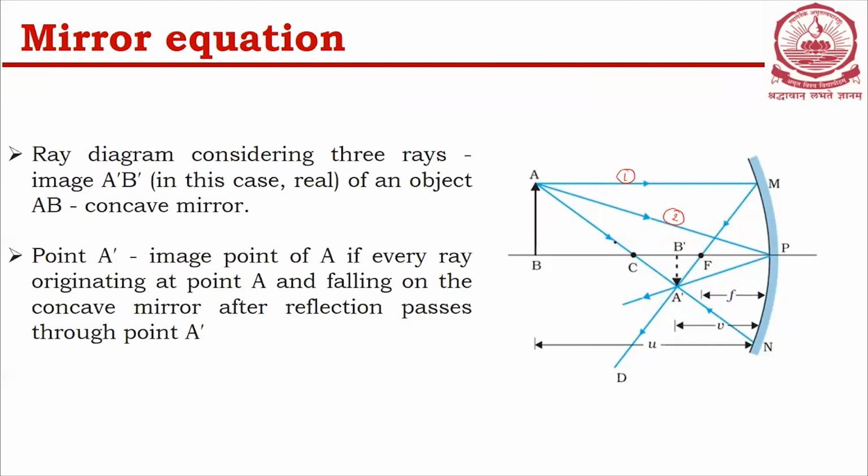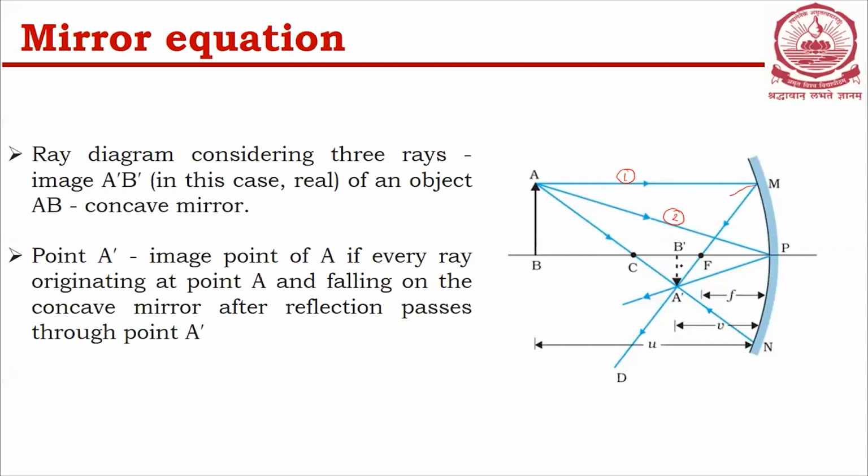If the ray passes through the center of curvature, then it retraces its path again. You can see this is the same path. The other rays follow the law of reflection. You can see this is a normal, and this is the normal. In this case the optic axis is the normal.